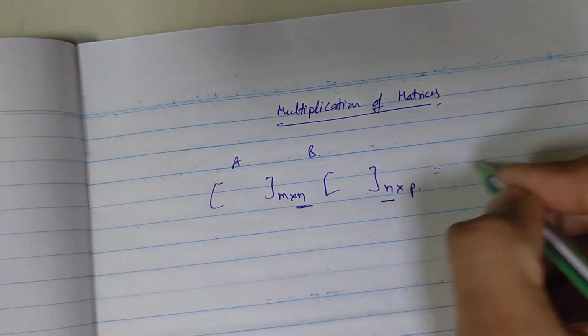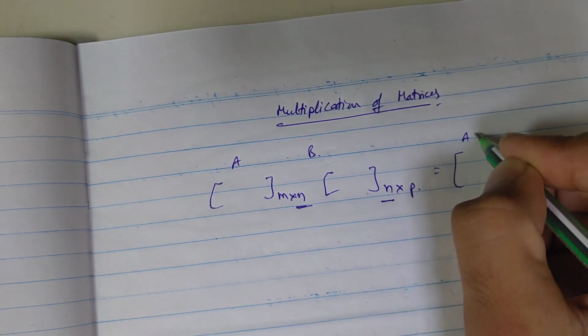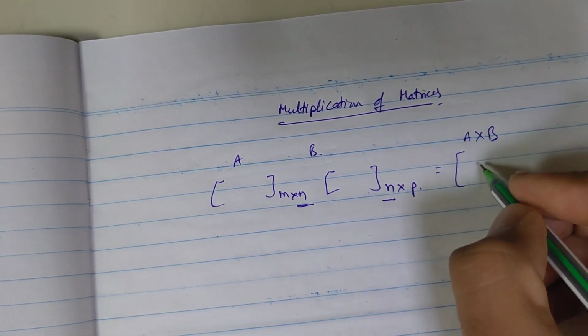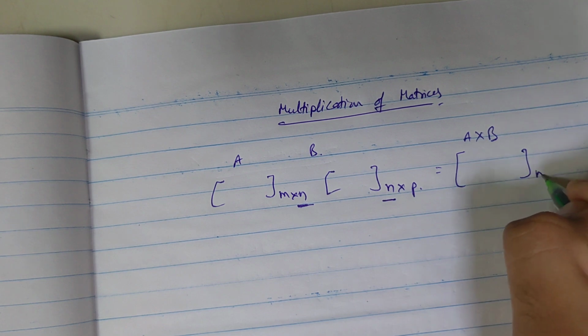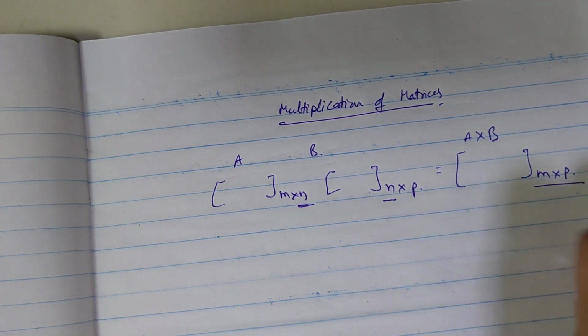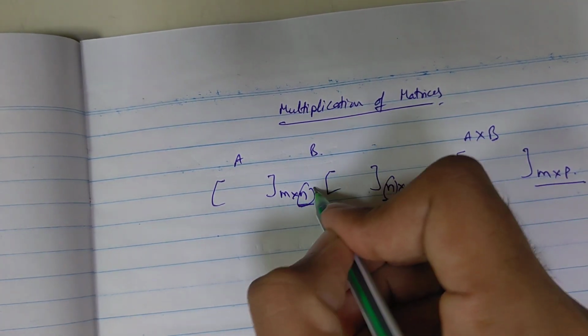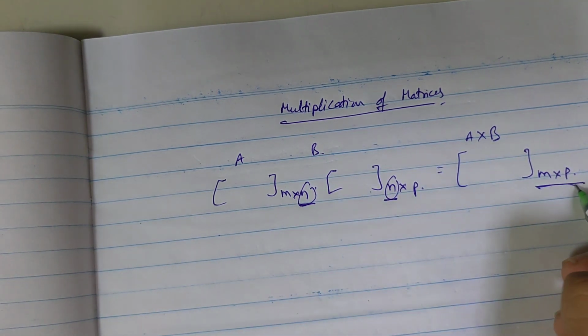Then we will get the resultant matrix A cross B, and that will be of the form M cross P. That is, forget the common and take the rest.